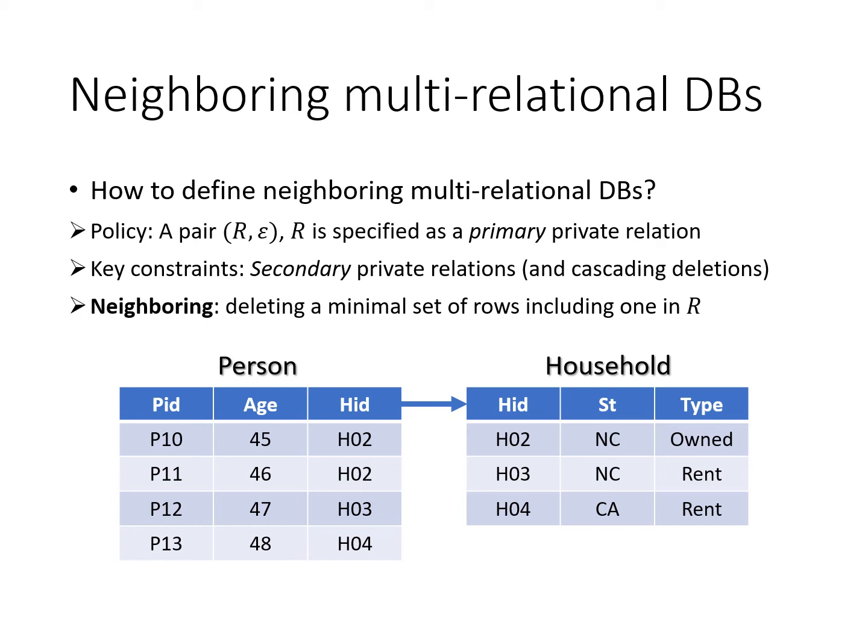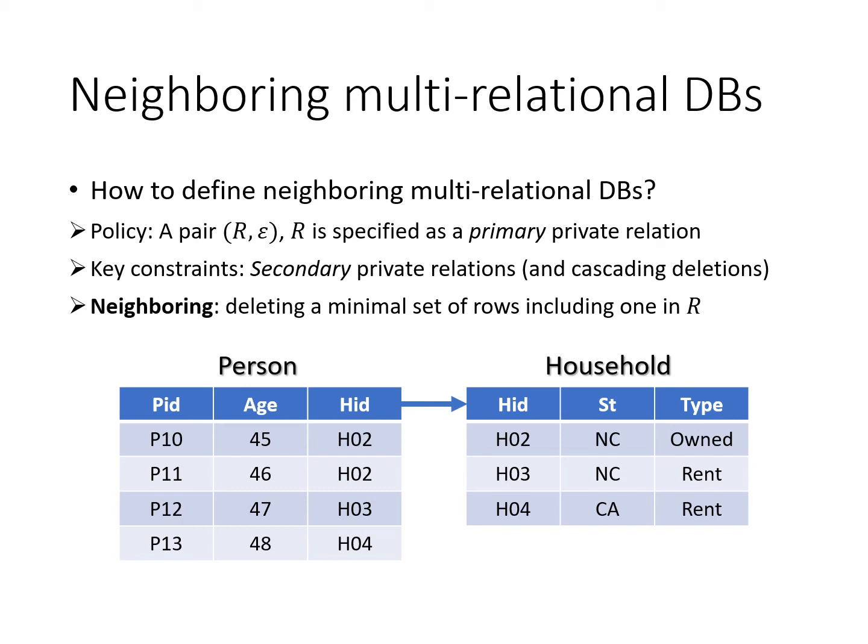So it allows the data owner to specify which relation should be protected. And the key constraints determine the secondary private relations and hence the cascading definitions.